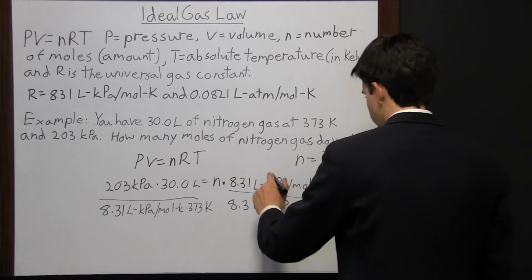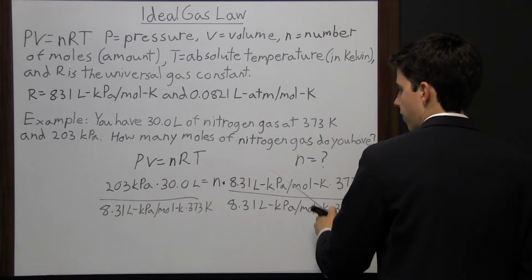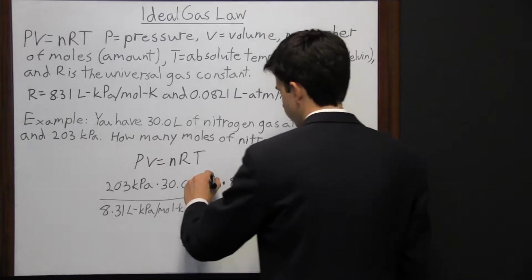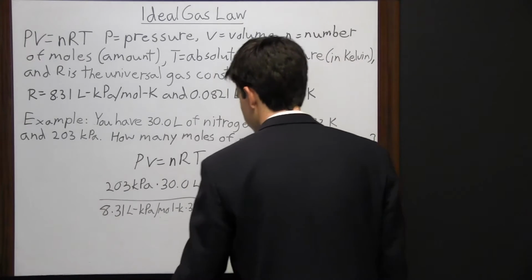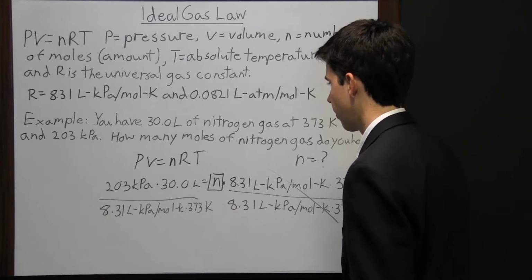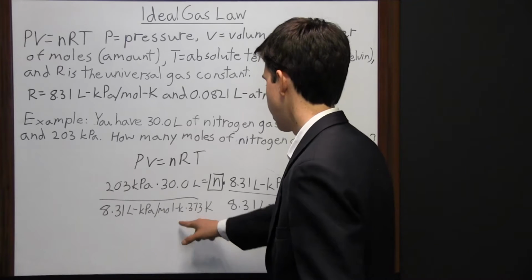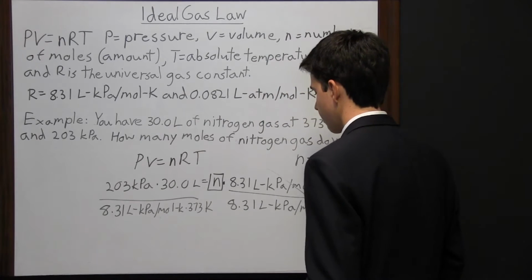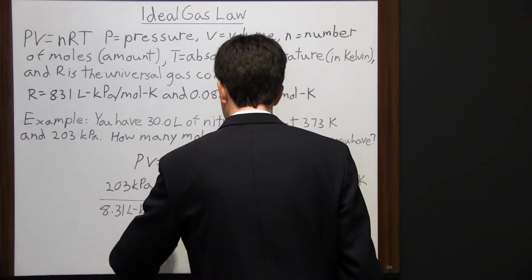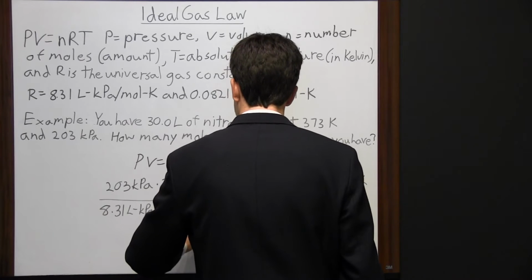All right, so all this right here crosses out because we're dividing one thing by the same thing. So the only thing left here is n, which is what we're looking for. So I'll save you having to go through all the math here, but what you would do is just multiply these two numbers and then divide it by these two numbers that are multiplied by each other. And so n equals 1.96.